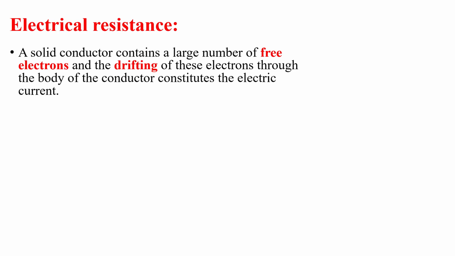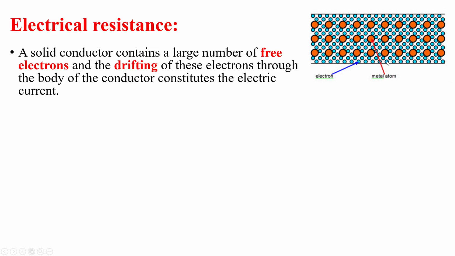This solid conductor contains a large number of free electrons, and the drifting speed of these electrons through the body of the conductor constitutes the electric current. You can see here a simple structure of the metal, and electrons are moving.